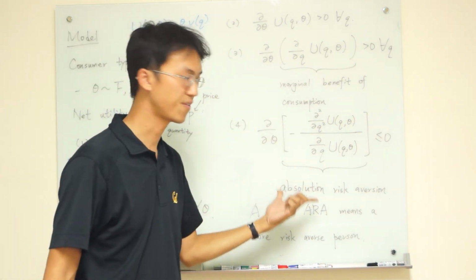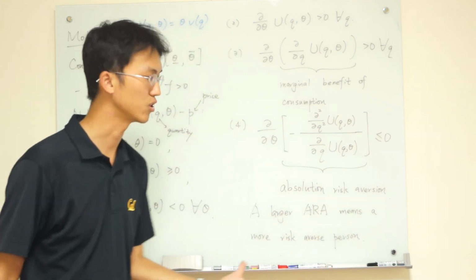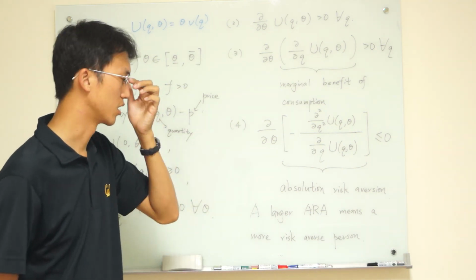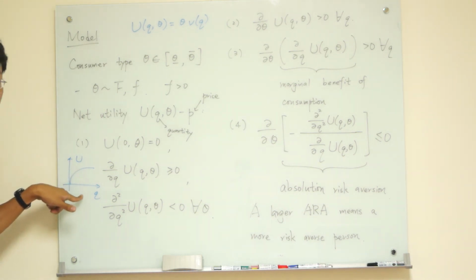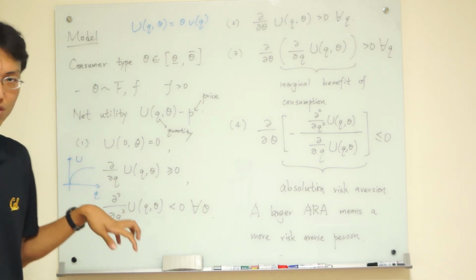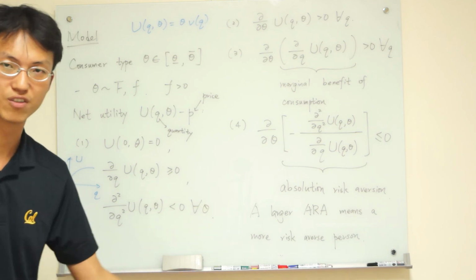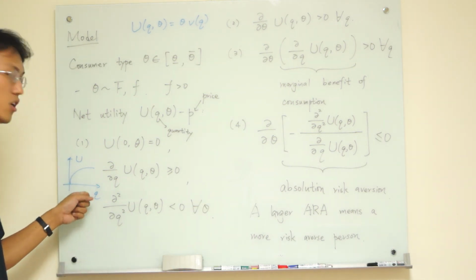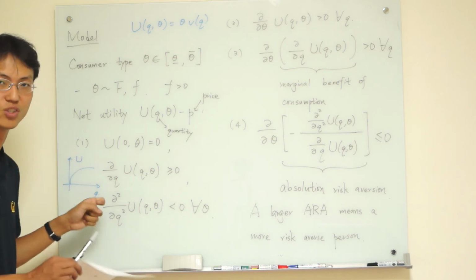This is defined in economics as the absolute risk aversion, or the degree of risk aversion. What does that mean? If the U function is a concave function, we say this agent or person is risk averse. We discussed this in about the third week of this semester. When U is concave, this guy is risk averse.